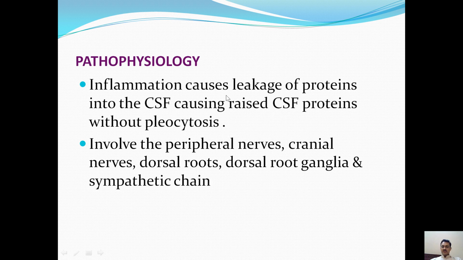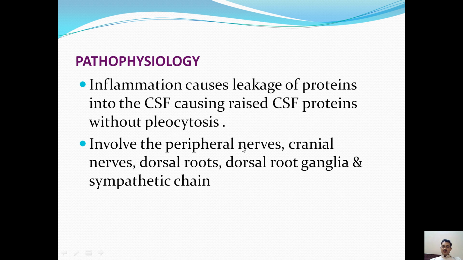If we do a lumbar puncture after a certain period of time, proteins should be increased because this is usually a neuropathy or demyelination, and no infection is there at this point in the CSF or the central nervous system, so cells are not there. We call it albuminocytologic dissociation, meaning proteins are raised but cells are not there. So that shows an immune-mediated or demyelinating type of neuropathy.